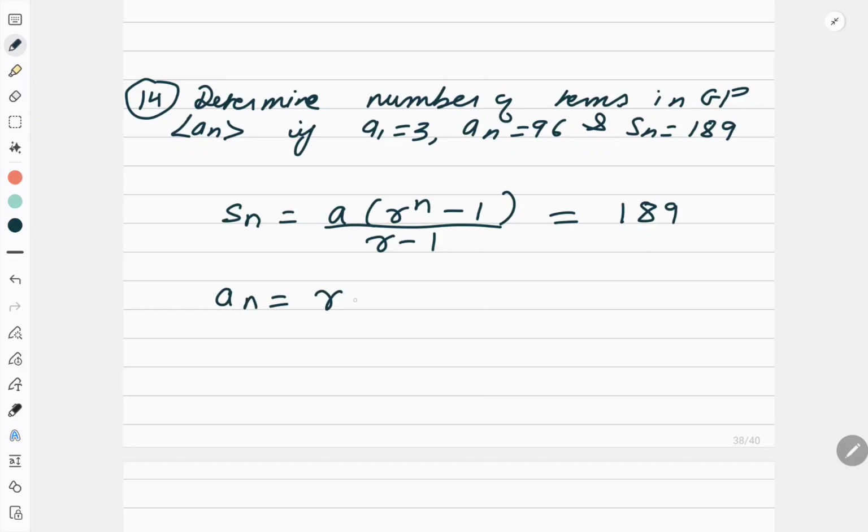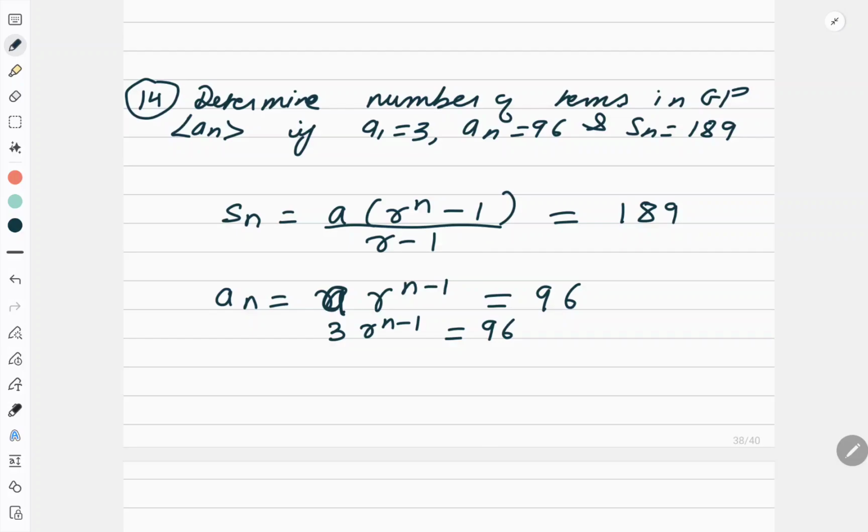AN is A r to the power n minus 1. This is equal to 96. Okay, and A value is given 3. Correct, A value is given 3. So now let us start with the process. So I can write here 3 r to the power n minus 1 is equal to 96.